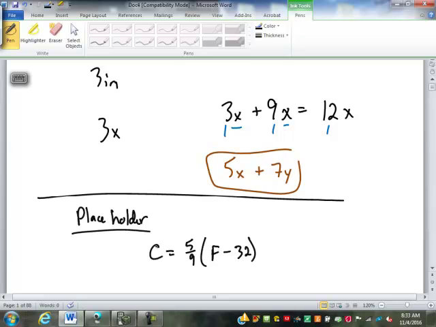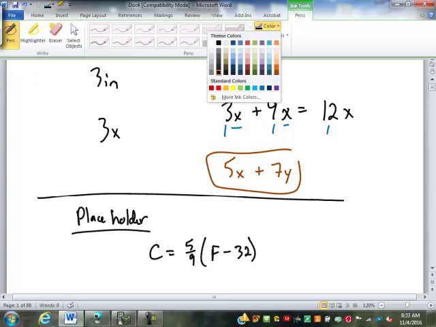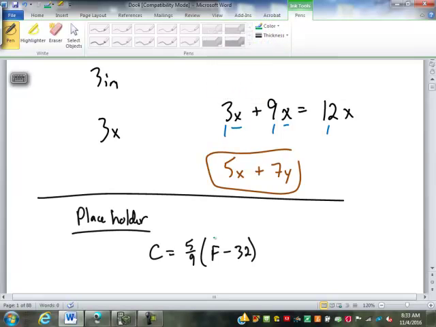Here, the temperature in degrees Celsius is equal to 5/9 times the Fahrenheit temperature minus 32. Here, that F and C are both variables. F is just waiting for us to give it a value. And once we give it a value, then we can use our order of operations to reduce that expression or calculate that out.